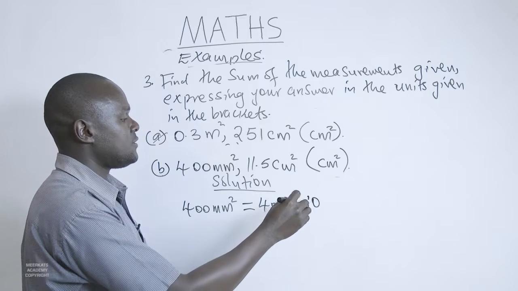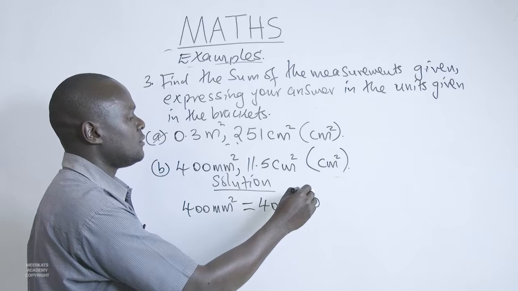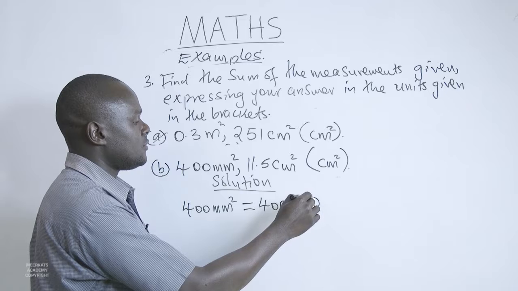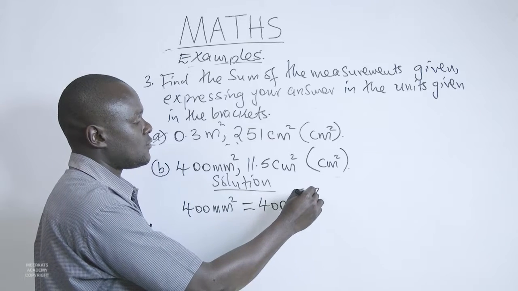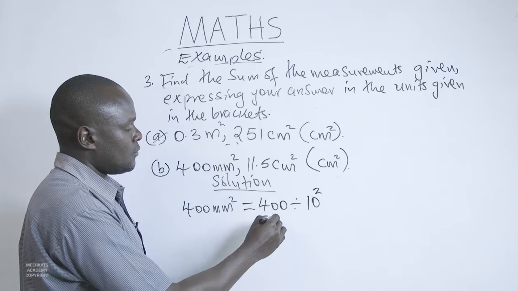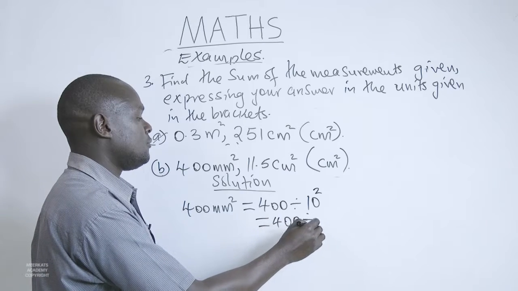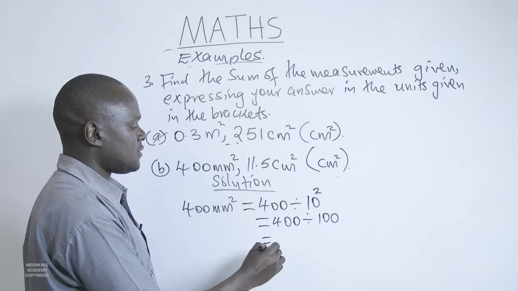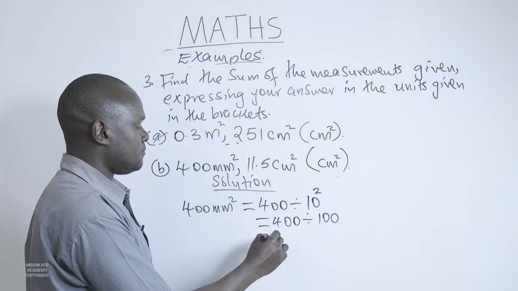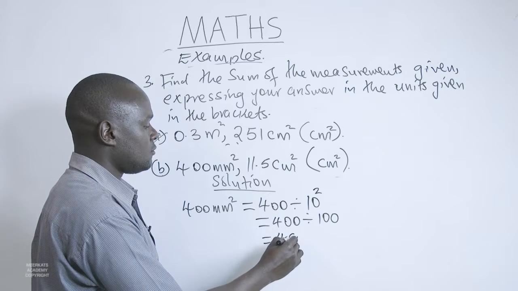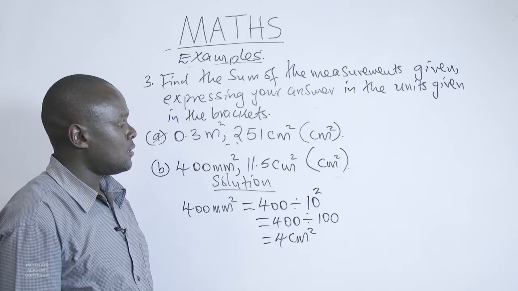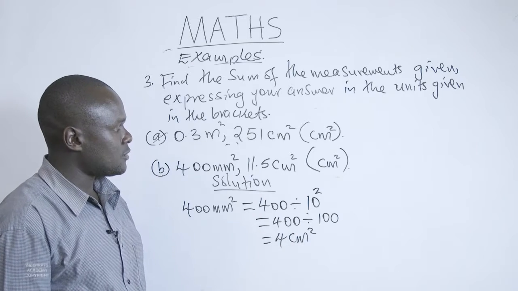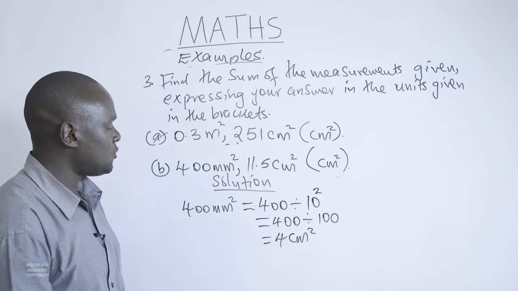This will be 10, and since we are talking about units of area, this will be 400 divided by 10 squared, which will be 400 divided by 100, and this will give us 4 square centimeters. Now that we have converted the 400 square millimeters to square centimeters, we can proceed with addition.